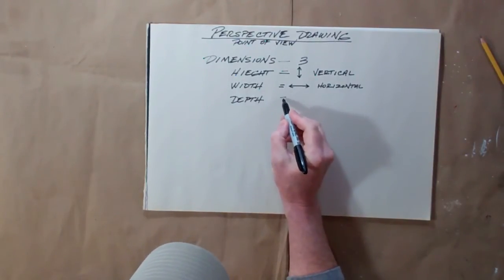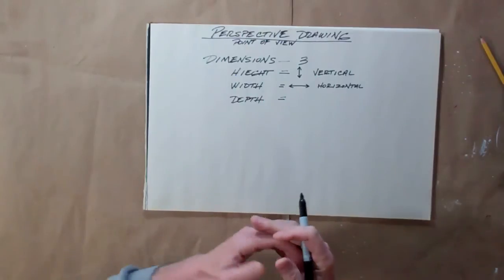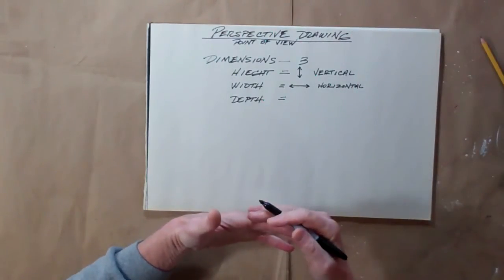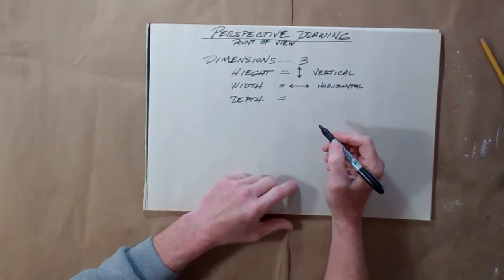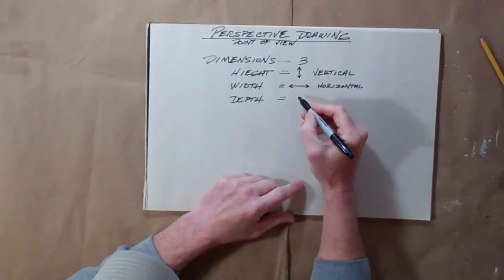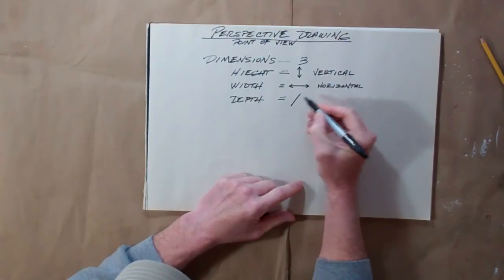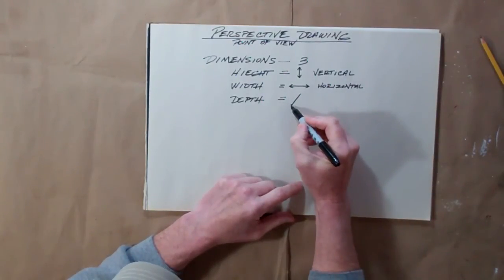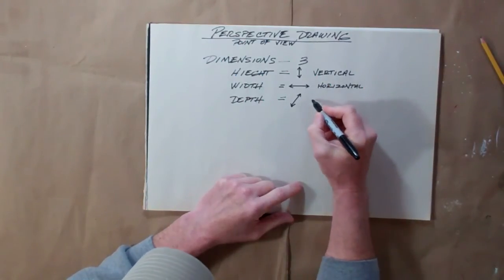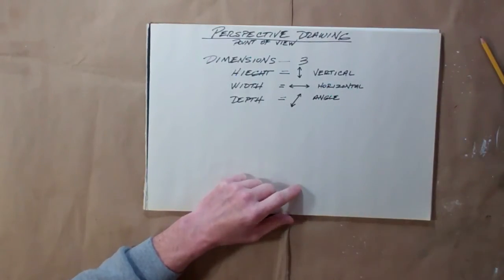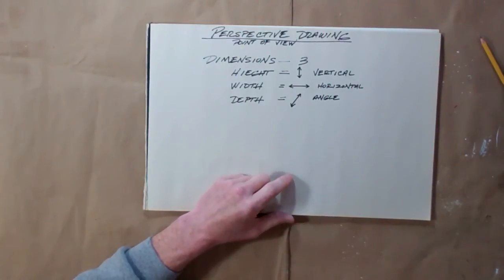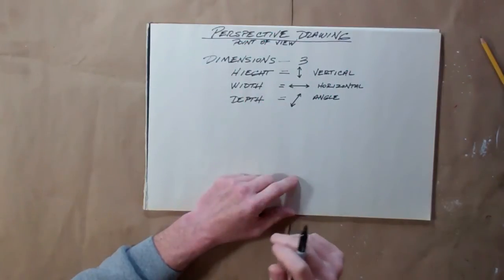Okay, depth is how far back an object goes in space, and that in perspective drawing is going to be represented by usually a line that is oblique. It will not always be at the same angle. So it's going to be an angled line of some sort. It won't always be the same, but it will always be going back in space.